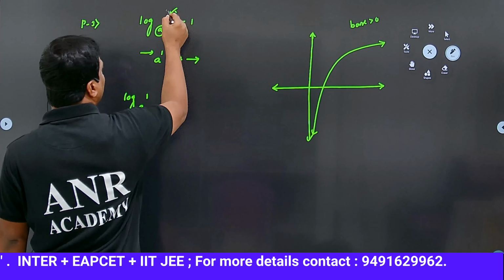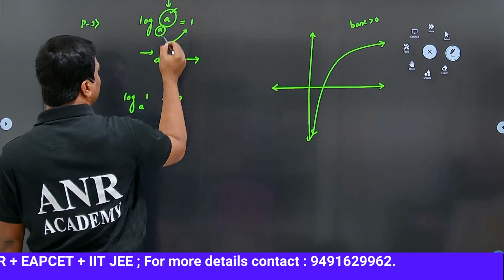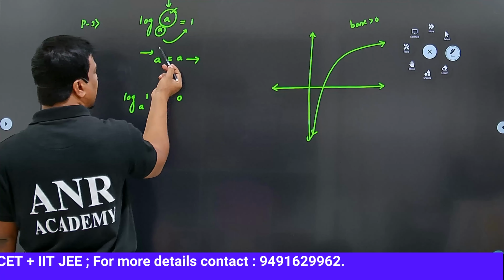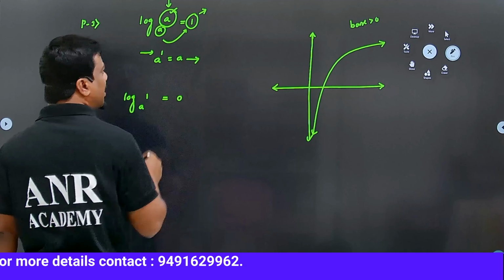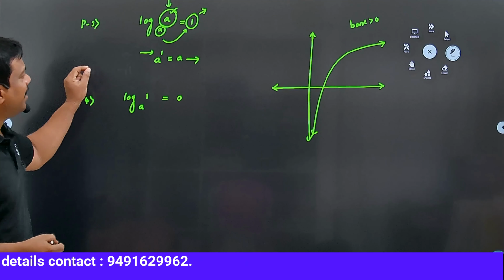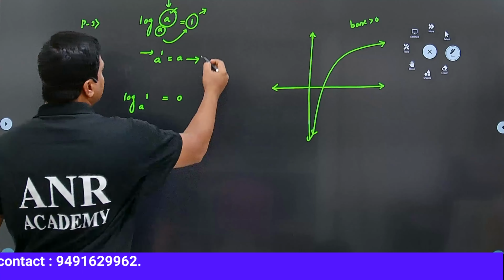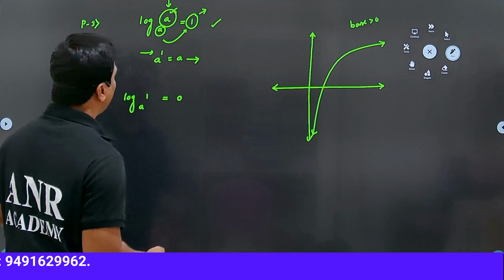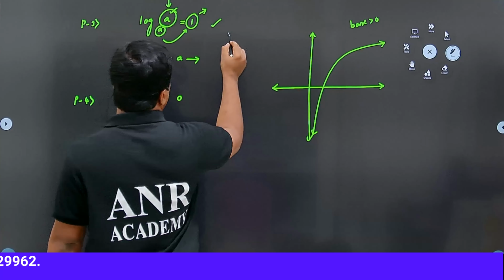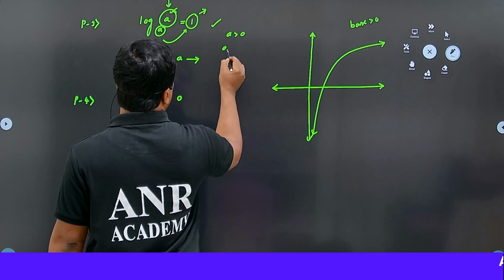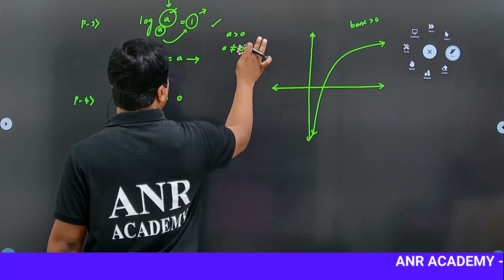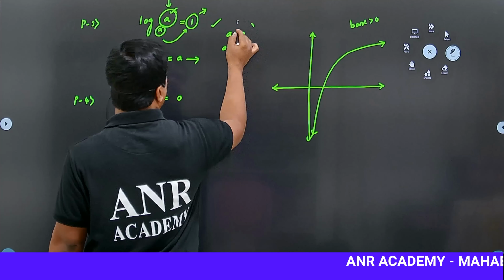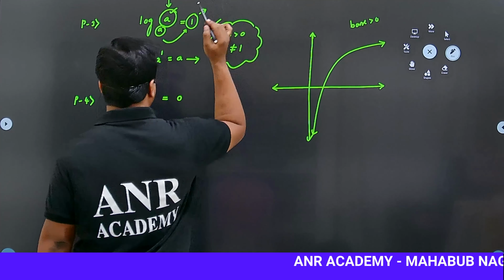Here in the logarithm the input and the output are swapped compared to the exponential, so the exponential output is the logarithm input. So log a base a equal to 1. This is the property. The conditions apply: a more than 0, a not equal to 1. Basic conditions, they are necessary.